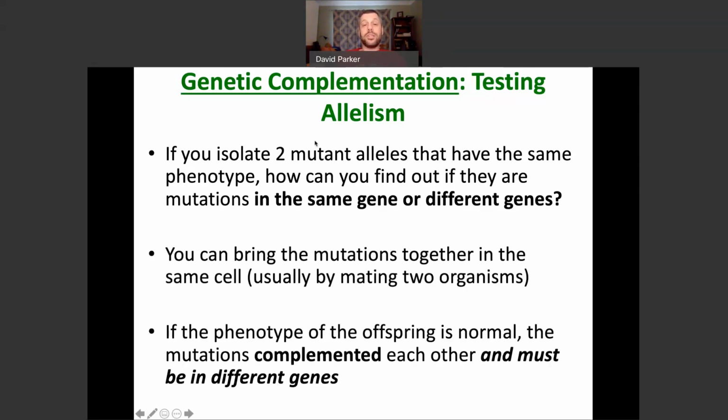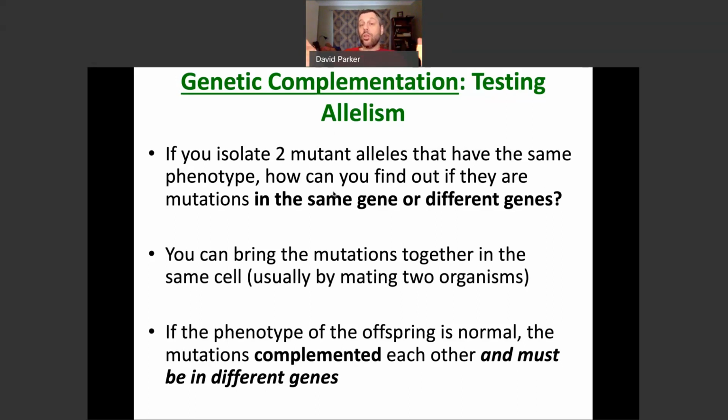And the way that you do this is very similar to an experiment you already know about. If you remember back to that experiment in the sweet pea, where we took two white flowers and crossed them together, the progeny were purple, and that was an example of a complementation test. So we had two mutants that were both white.